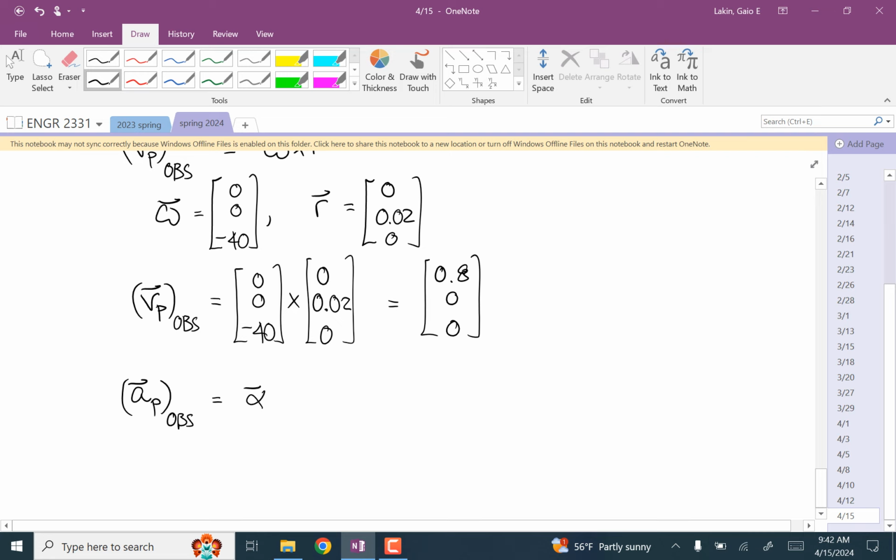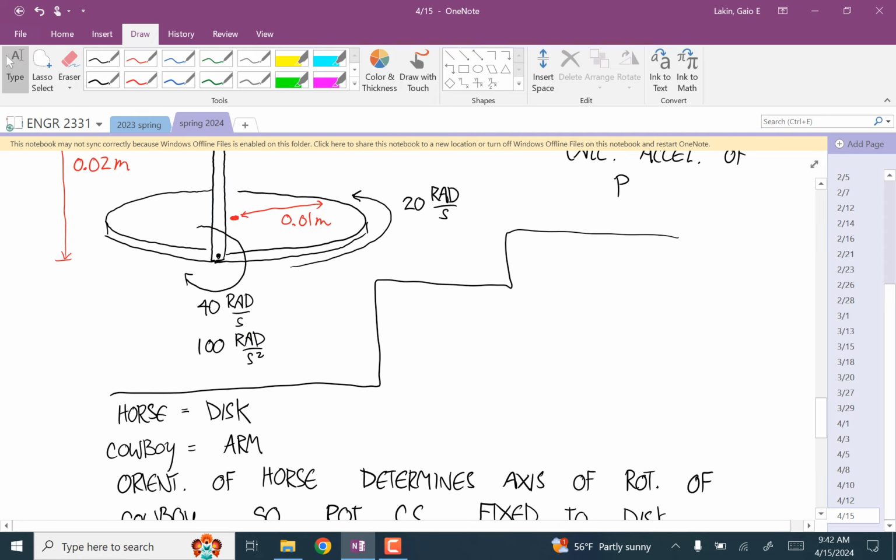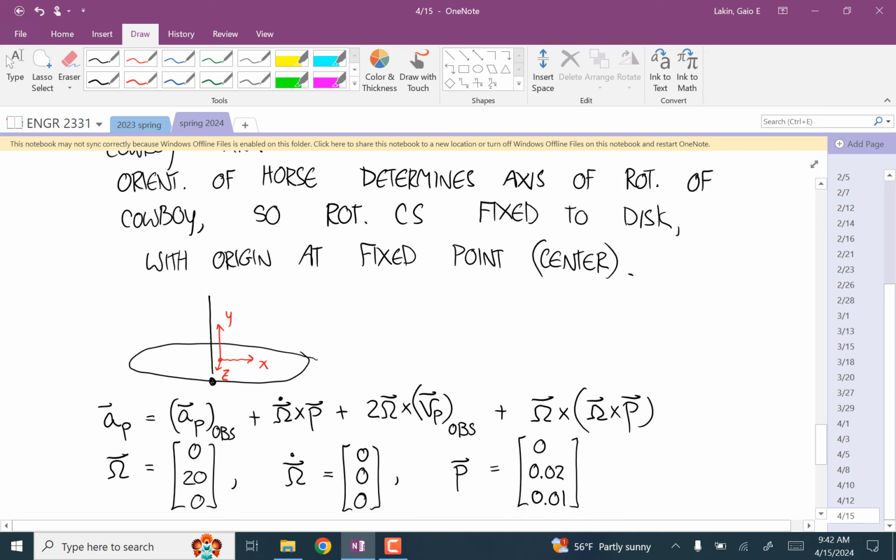This is alpha cross r plus omega cross quantity omega cross r. Do we have an alpha? Yeah, in this case it's 0, 0, negative 100.